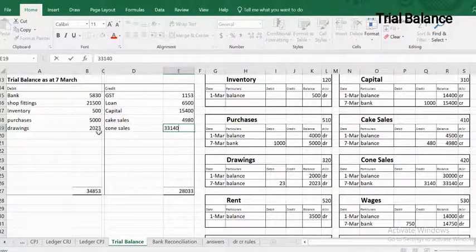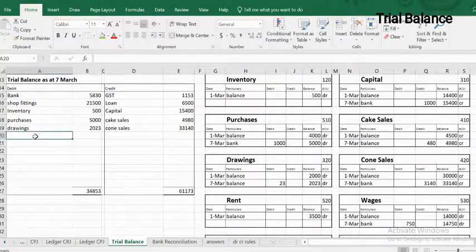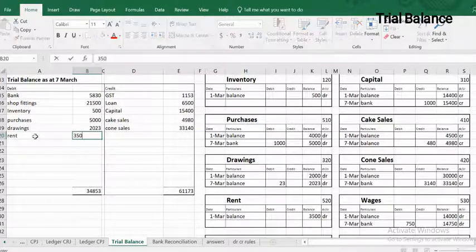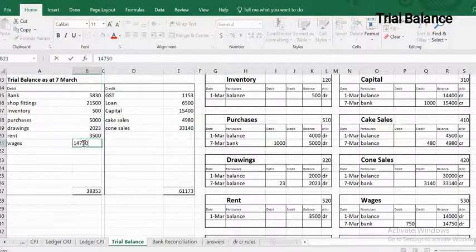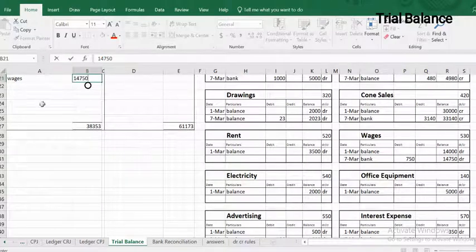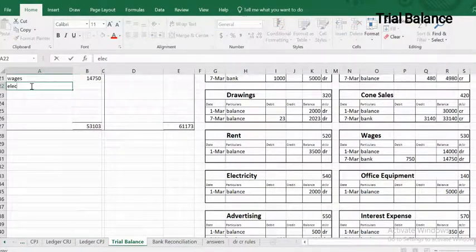33,140. We've got rent there, which is debit, and of 3,500. Wages next to it is also a debit, so that's 14,750. We've got electricity of 2,000.